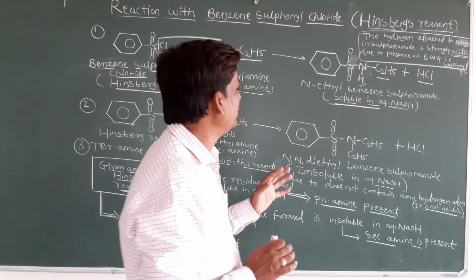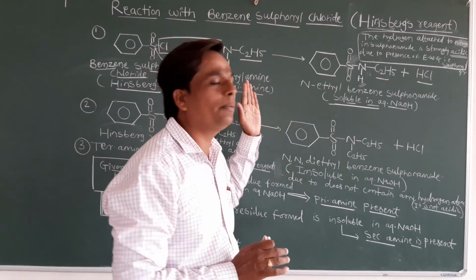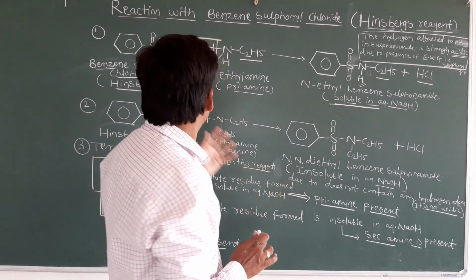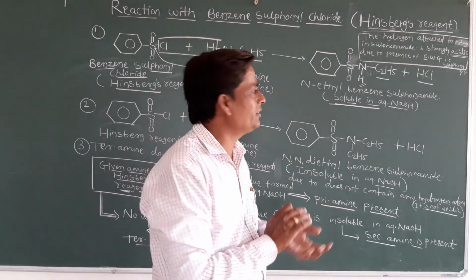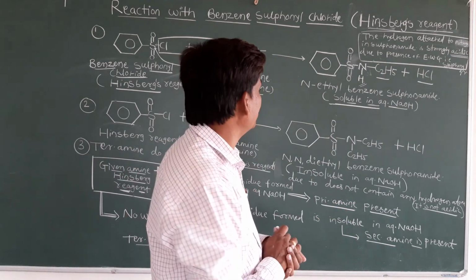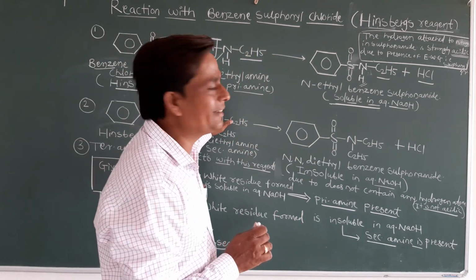So it is a very important reaction, and we can check whether it is a primary or secondary amine. We will take any amine and add the Hinsberg reagent, then we can see the result. Okay students, now all of you clear? So this Hinsberg reagent reacts with primary amine, that is ethyl amine.